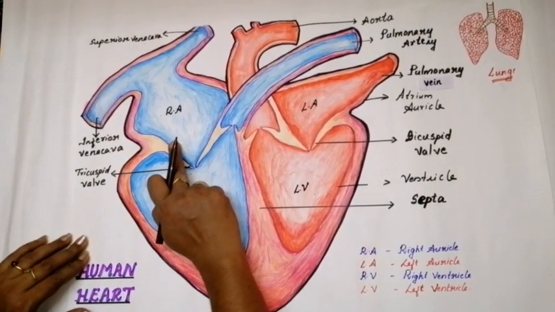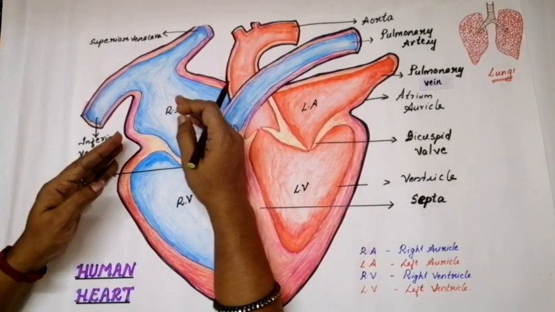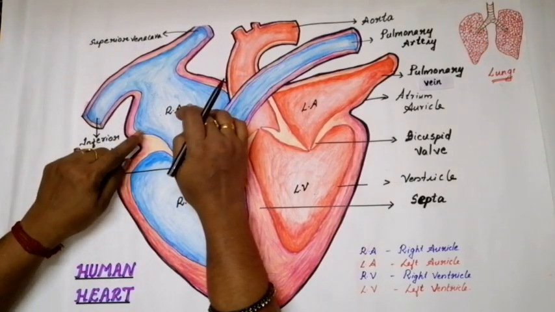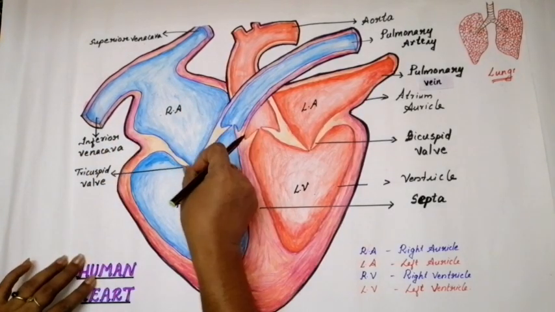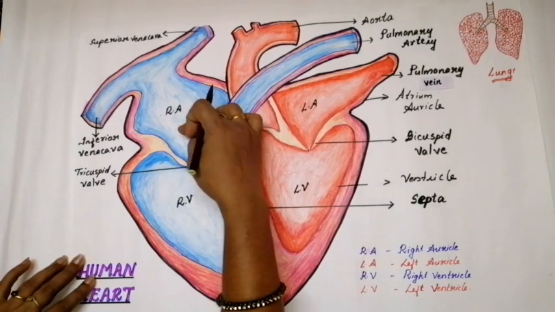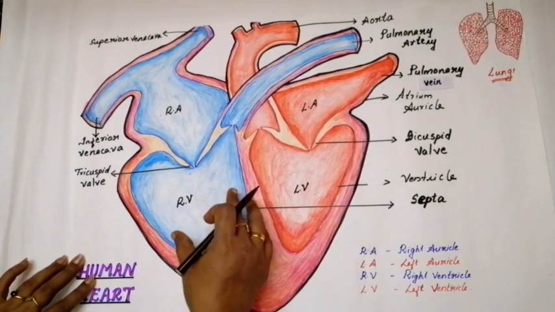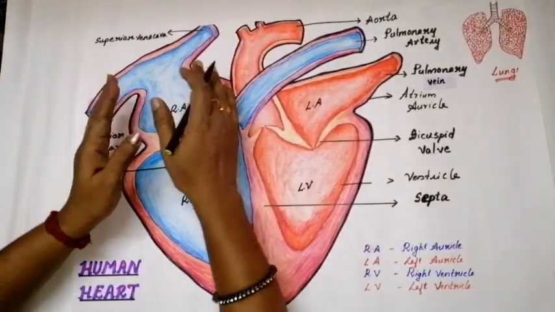Now the right auricle is filled with deoxygenated blood, and this creates a pressure inside the right auricle, and at that time this tricuspid valve, which is present in between the auricle and the ventricle, opens and the auricle contracts.